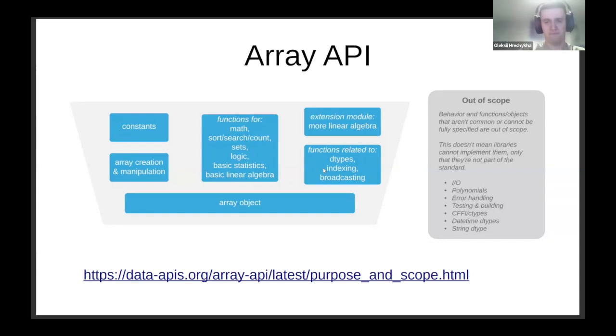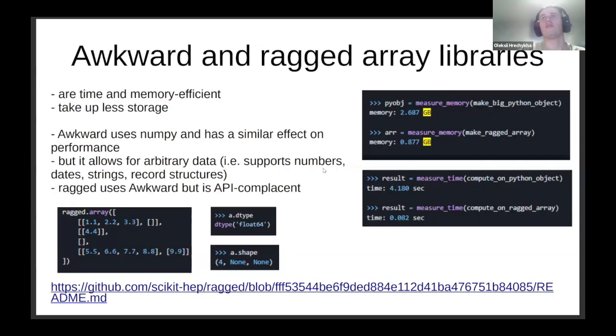And to go one step back, the ragged and awkward array libraries allow the user to work with specific types of array.